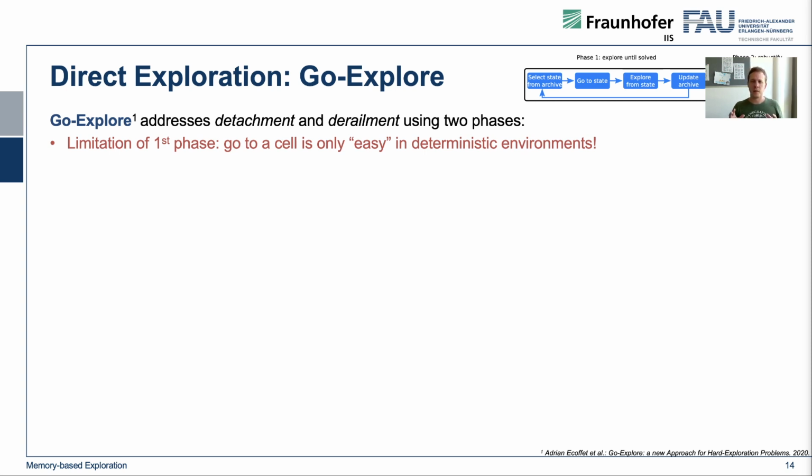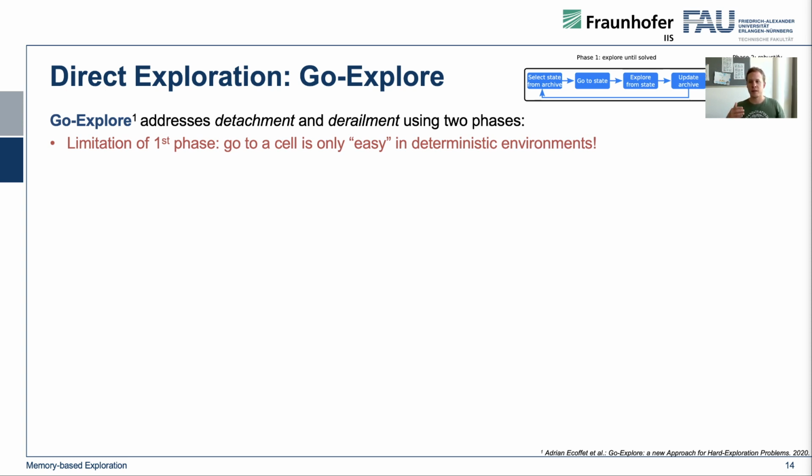And this is easy to achieve in something like a computer game, especially in Atari, because there the same actions will always lead to the same result. So you can select the action, and you will reach this cell.